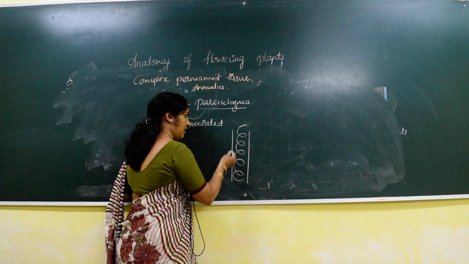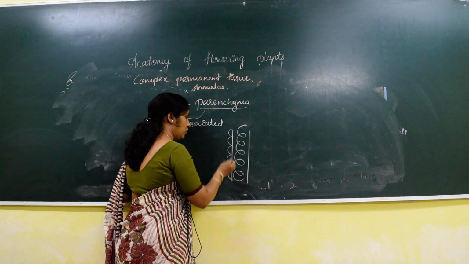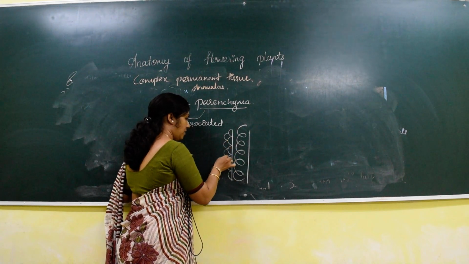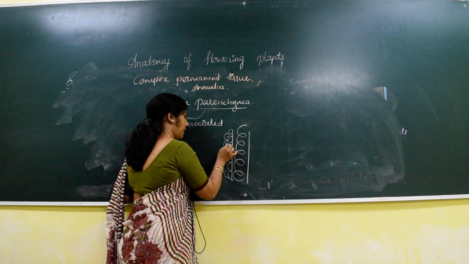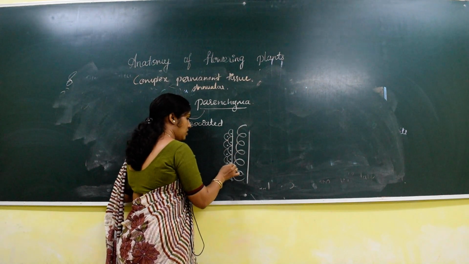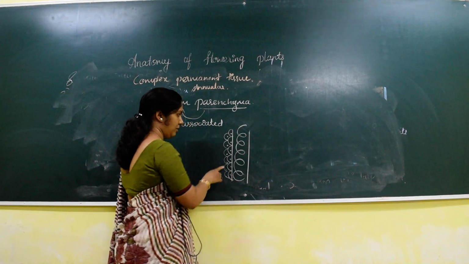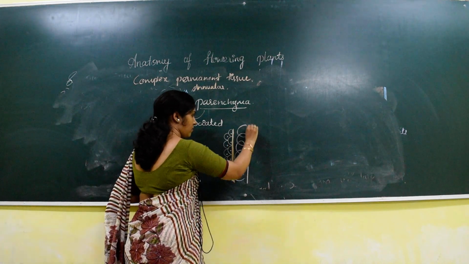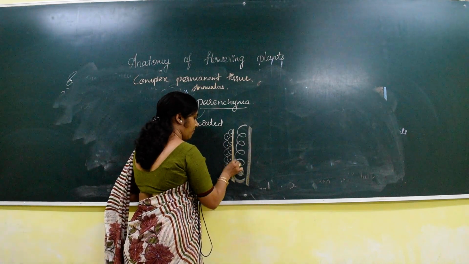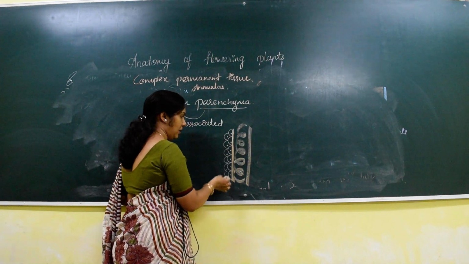On either side of the xylem vessel, if parenchyma cells or tissue are attached, whatever I am now writing is a parenchyma tissue. This is trachea, this is parenchyma.